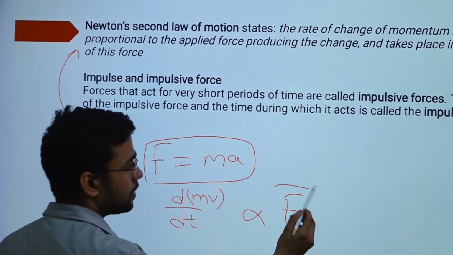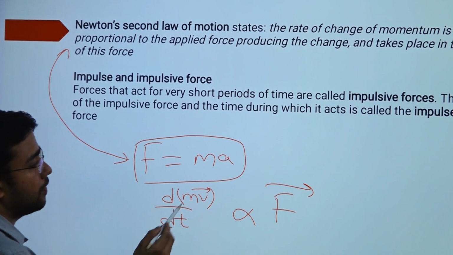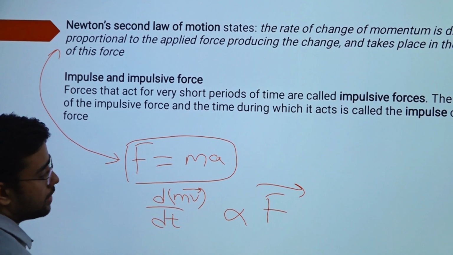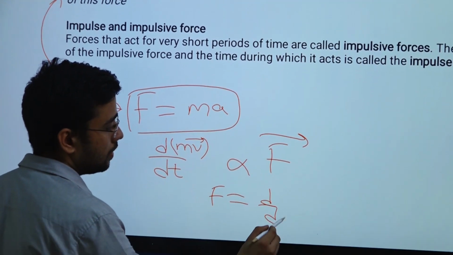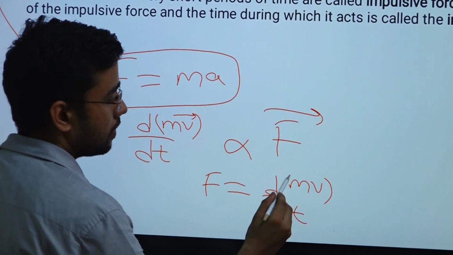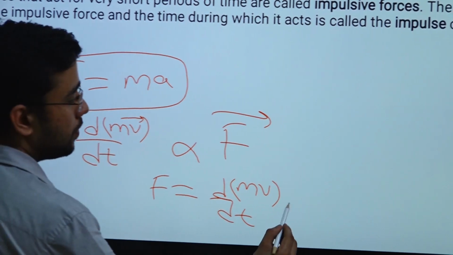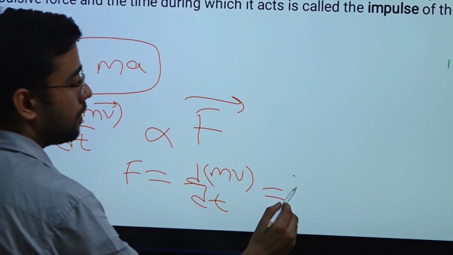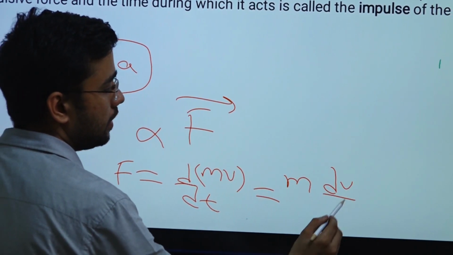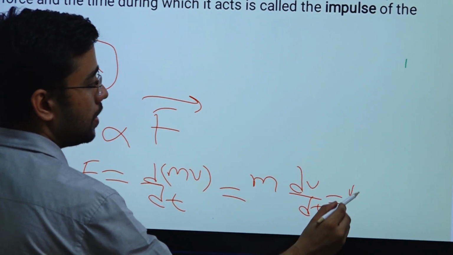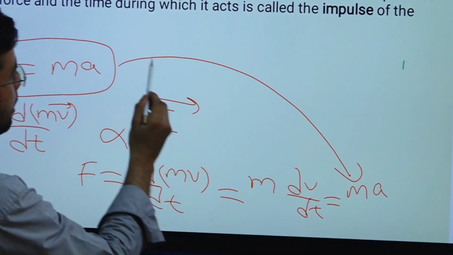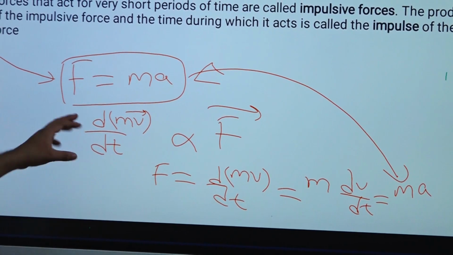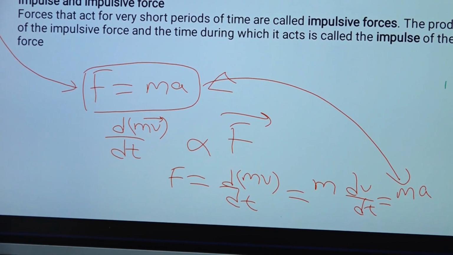So the direction of the force and velocity will remain the same. So F is equal to d by dt of mv, or you can simply say, because mass is normally constant, m into dv by dt, that will be equal to m into a, mass into acceleration. So from here only this F is equal to ma came, right?